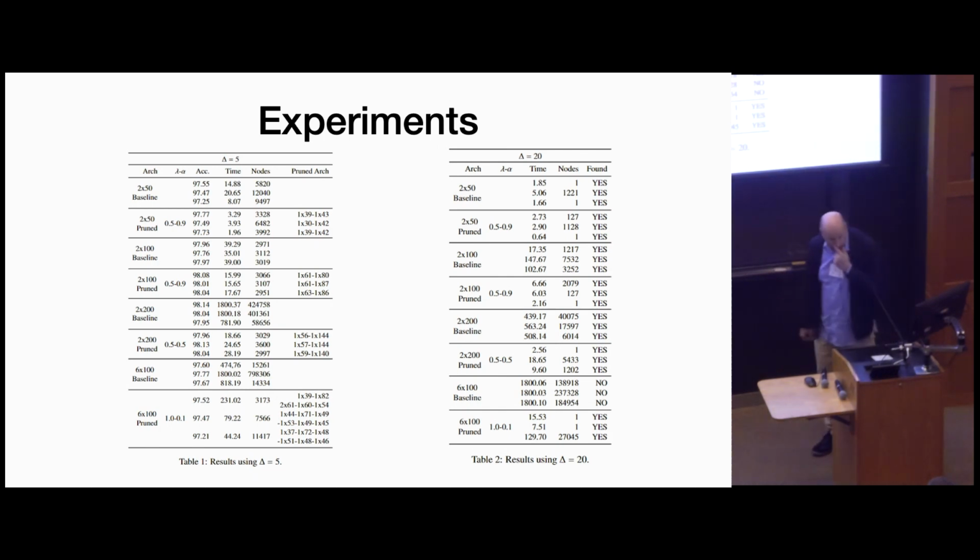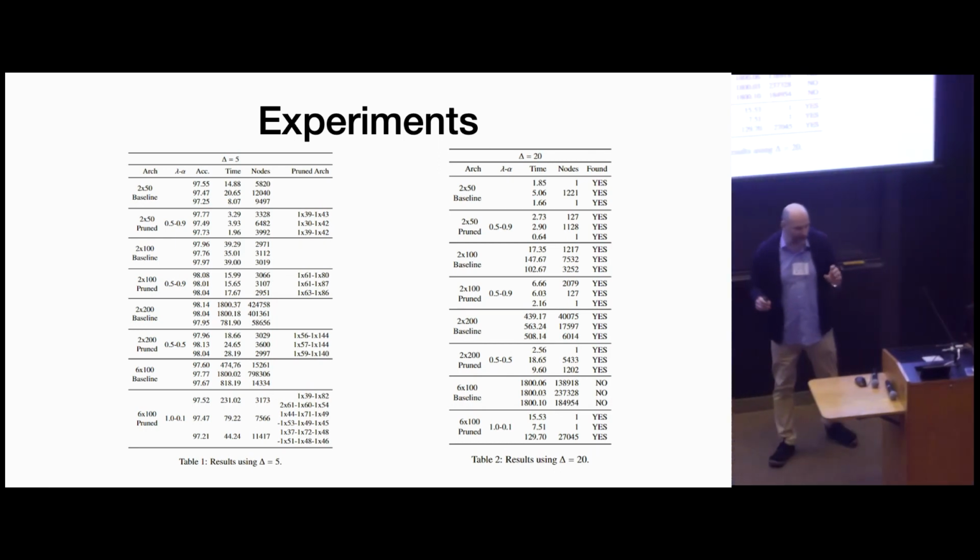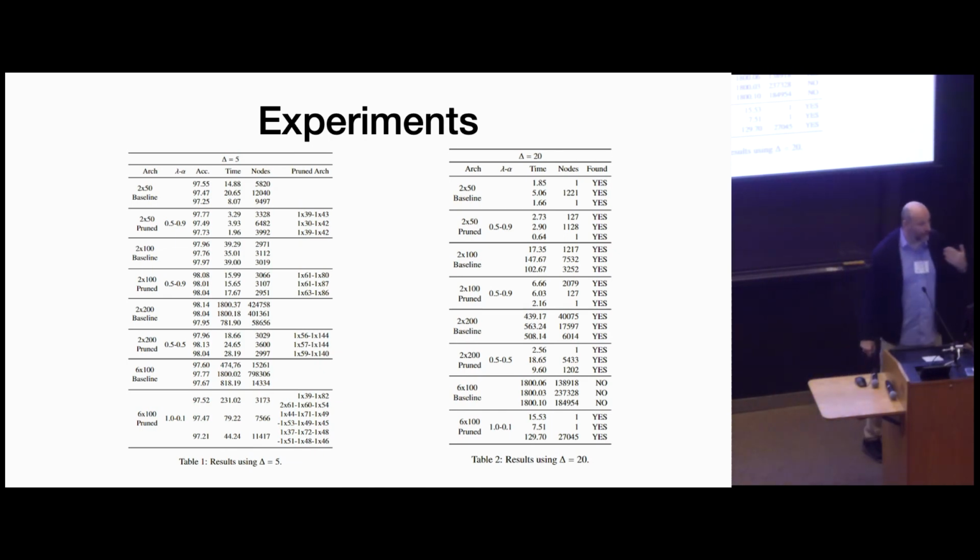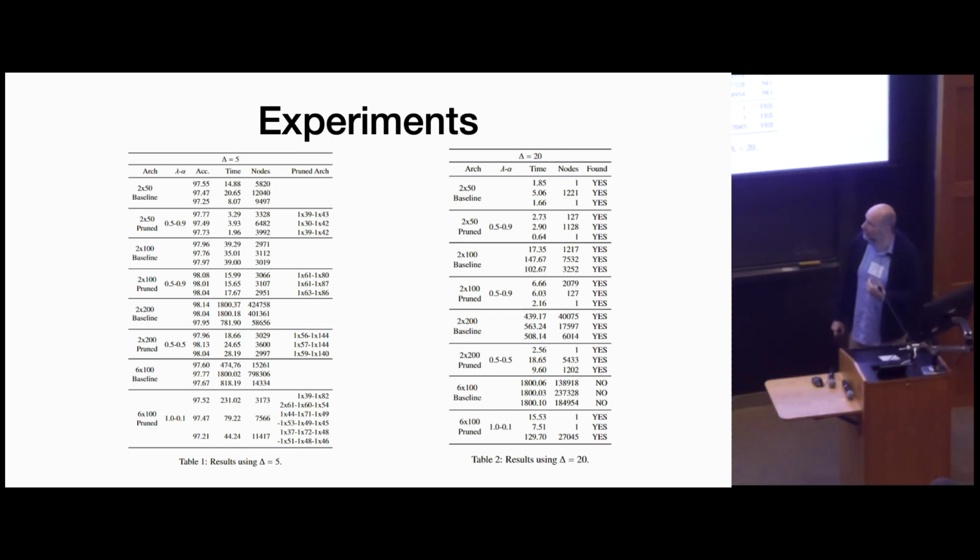And when you go to even larger networks, 6 layers and 100 neurons, the situation gets very complicated in general for Gurobi standalone, while after doing this regularization and pruning, you get a much stronger result. Here, for example, you get a very nice reduction.